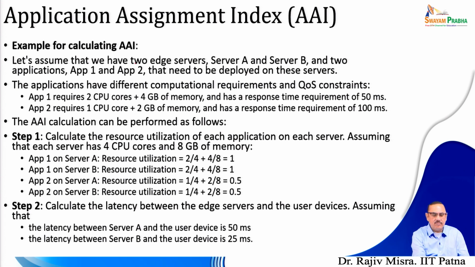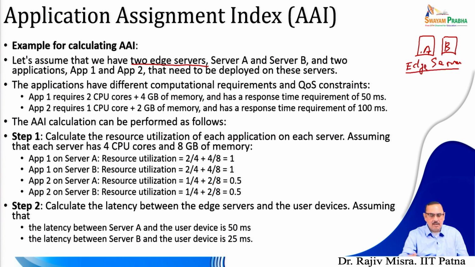So, let us assume that we have two edge servers, server A and server B, and two applications, let us say app 1 and app 2, that need to be deployed on these servers, running on different user equipments, user equipment 1 and user equipment 2.